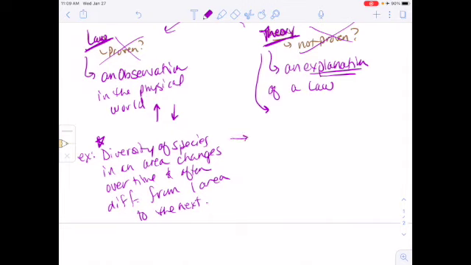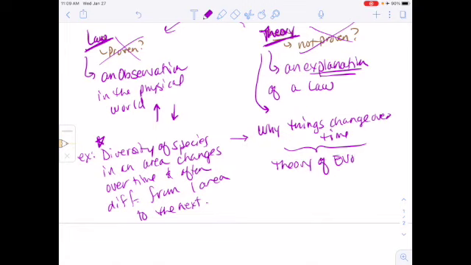The explanation as for why that happens, why things change over time, is the theory of evolution.